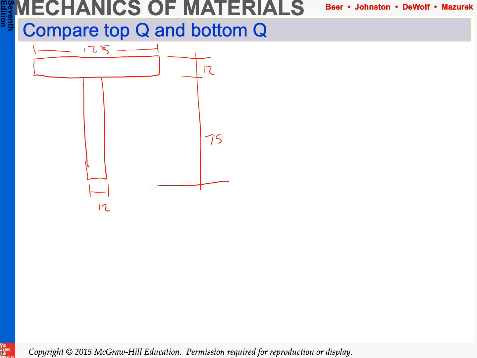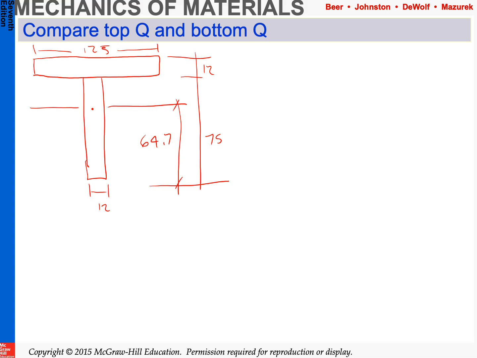So the first step obviously is to find the neutral axis. So the neutral axis we can do as we always do, but for the sake of brevity here, we found it and it's 64.7 millimeters. So as I mentioned, we can either take the area above or below.